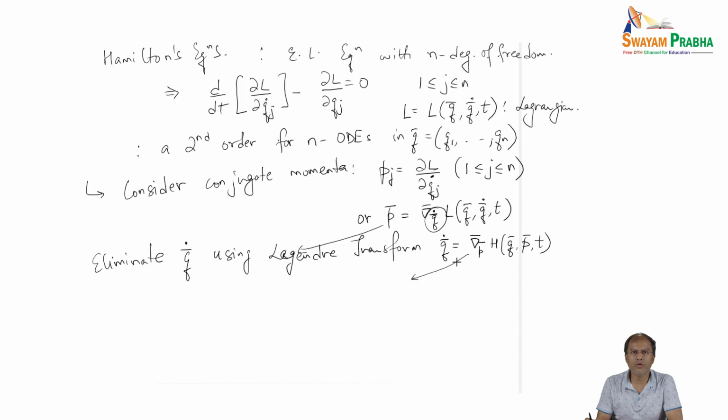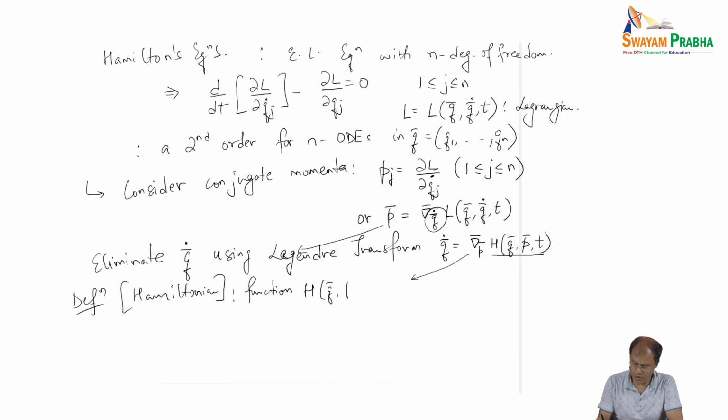This is our first introduction of this function, which is the Hamiltonian. So let us give the definition of this function. The function H(q, p, t) is the Legendre transform of the Lagrangian.